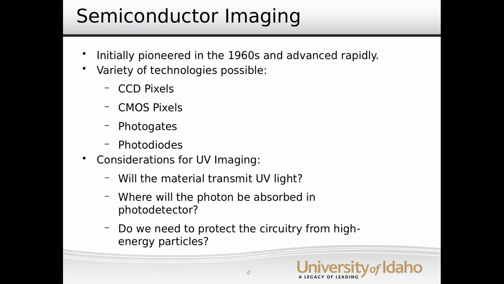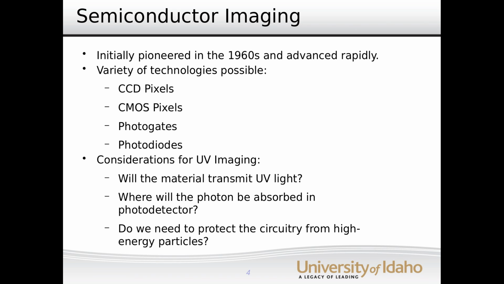Where will the photon be absorbed in the photodetector? I'll get more into this later, but it's important to know this since in silicon it is primarily near the surface. We need to make sure that we're setting up the detector so that it will capture the photons and convert them into electrons so that we can process the data.